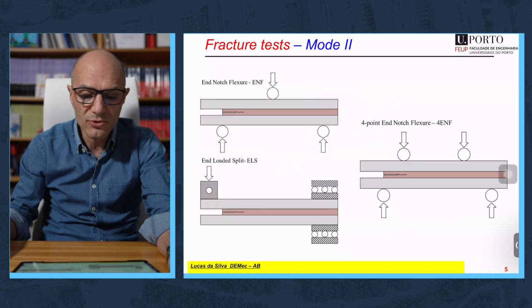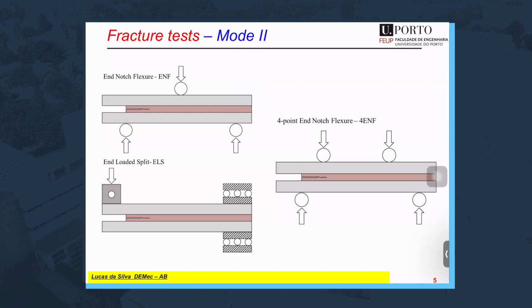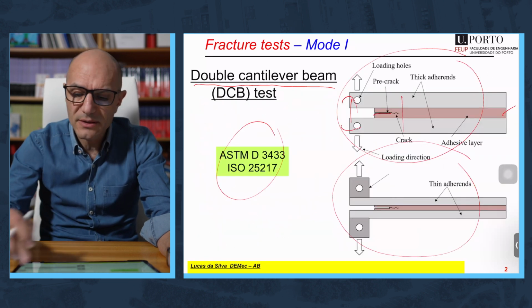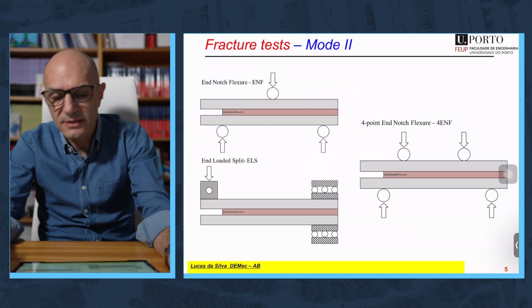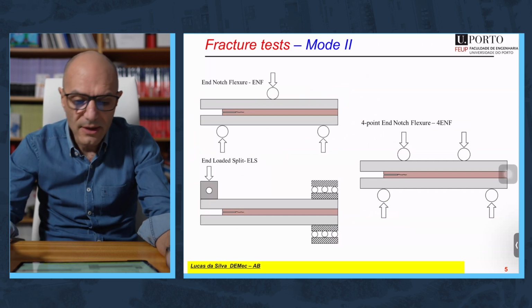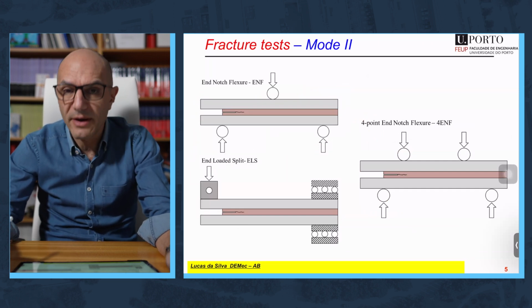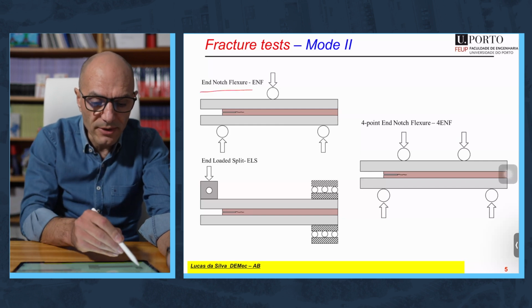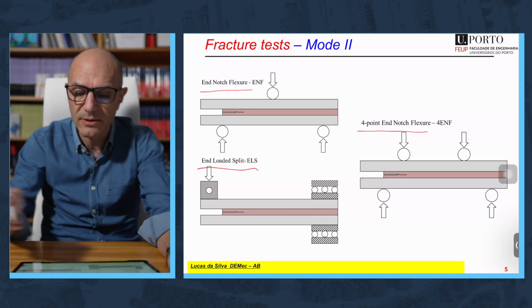And talking about mode 2, you have here the most common ones. Bear in mind that for mode 1 we have a standard, but for mode 2 it's still controversial, and depending on the lab you have various techniques used. You have the end notch flexure, or the end loaded split, or the 4-point end notch flexure.